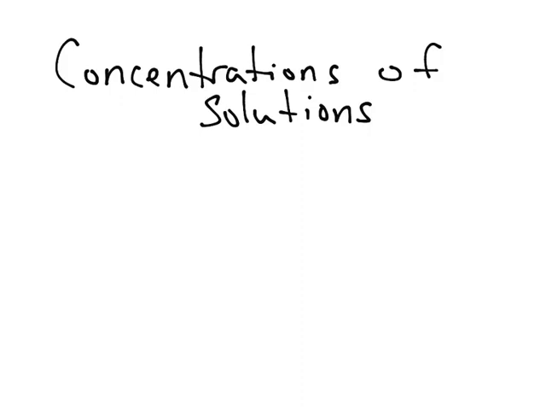Solution concentrations can be measured in a tremendous number of different ways, including parts per million, parts per billion, molality, but the most common way that solution concentrations are measured is using molarity.